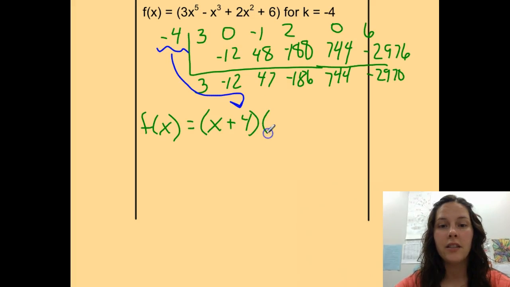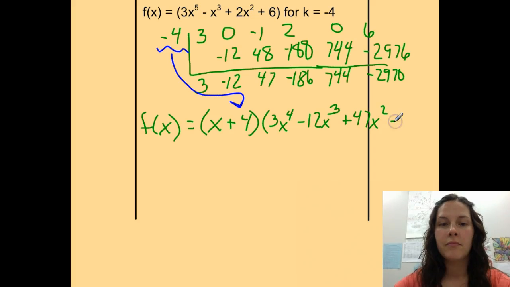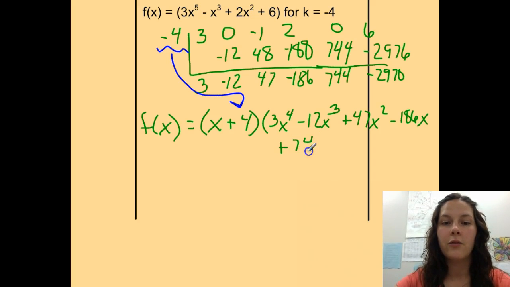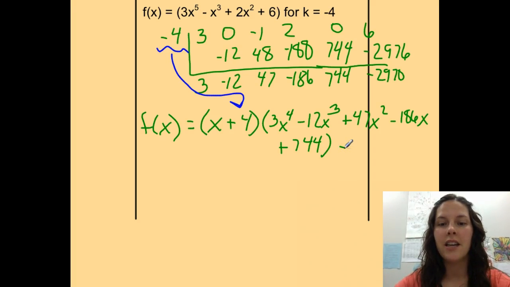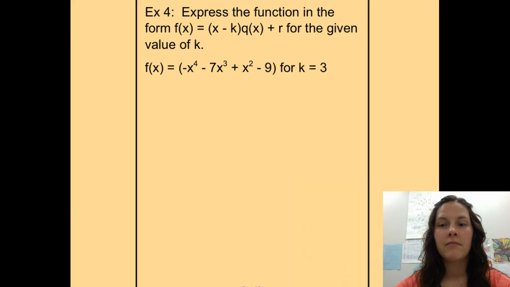And then our answer is going to go next, so 3x to the 4th, remember drop a power, minus 12x cubed, plus 47x squared, minus 186x, plus 744 to finish our quotient, and then our remainder just gets tagged on the end, minus 2,970. So we'll take a look at that one more time.